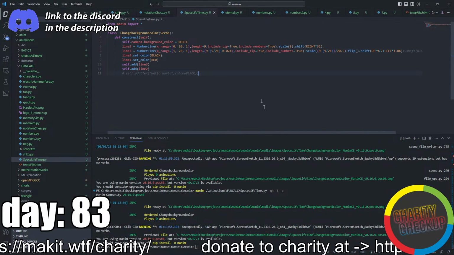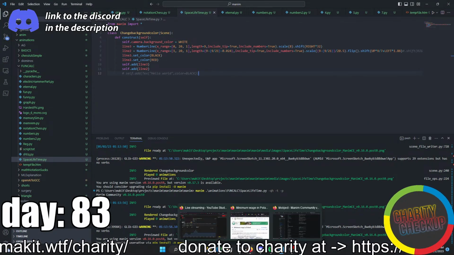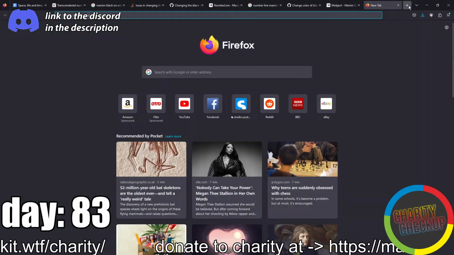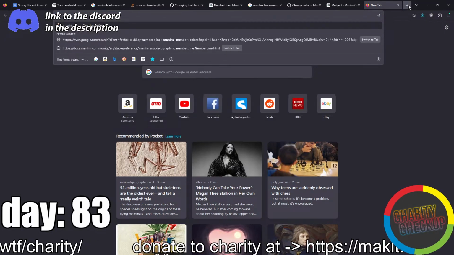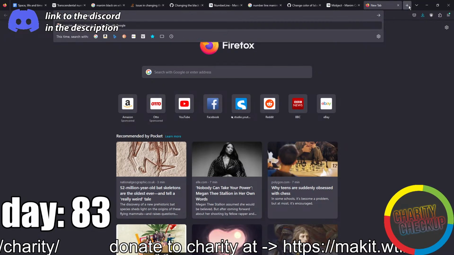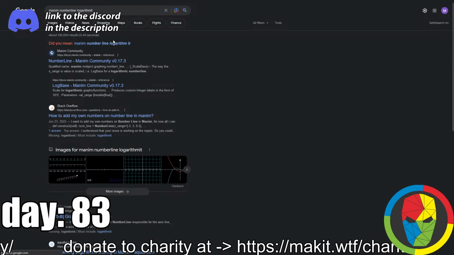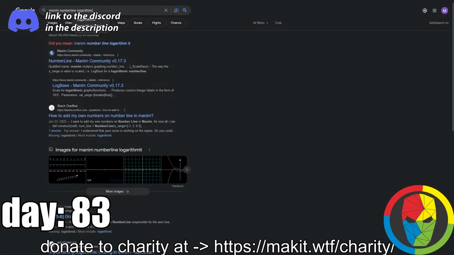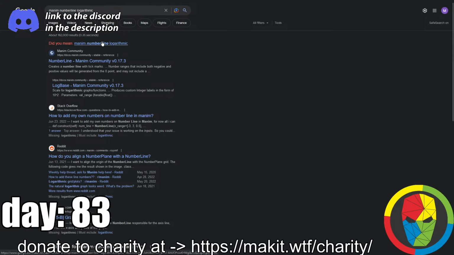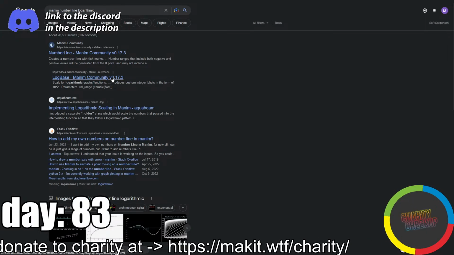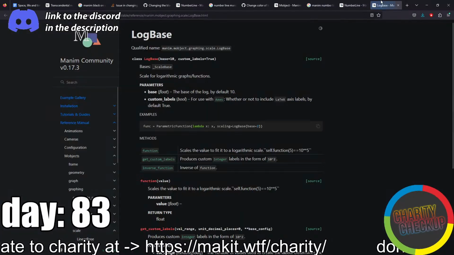Except now we have one more problem, which is, only now I realized, manim number line logarithmic. That's what I was looking for. Log base, yes.